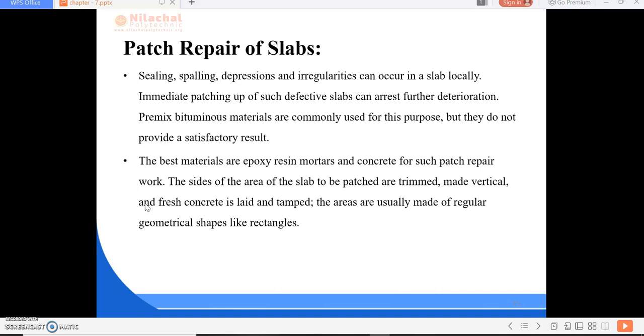The best materials are epoxy resin, mortars and concrete for such patch repair work. The sides of the area of the slab to be patched are trimmed, made vertical, and fresh concrete is laid and tamped. The areas are usually made of regular geometrical shapes like rectangles.